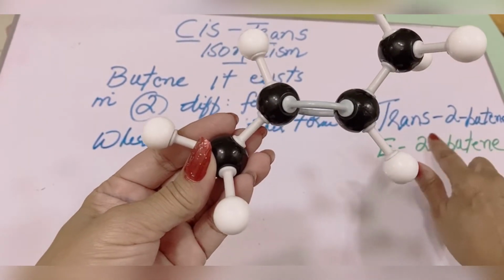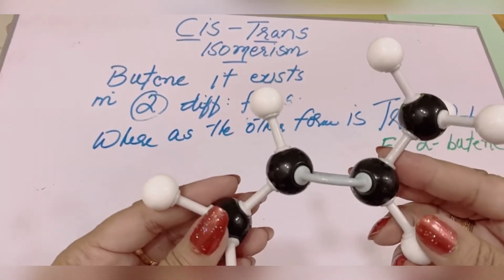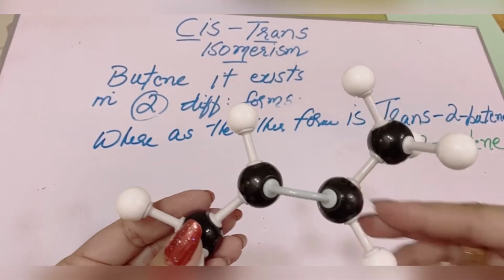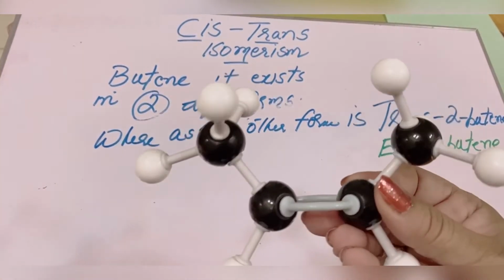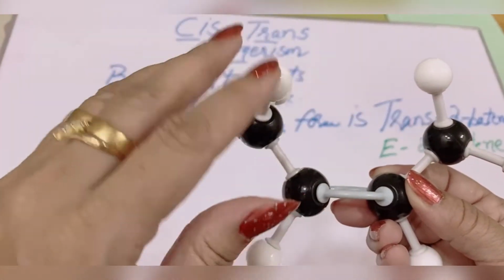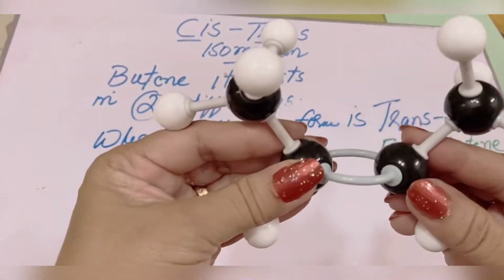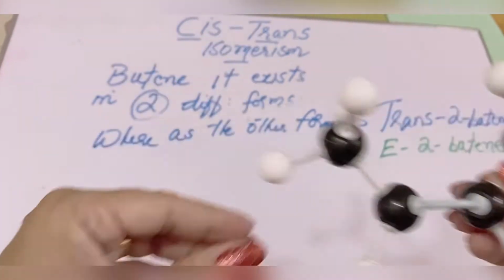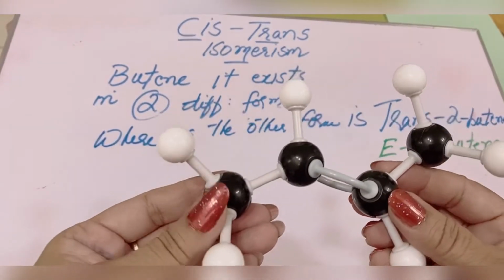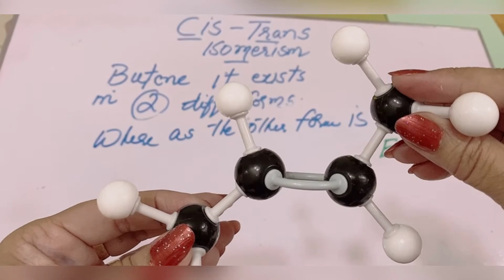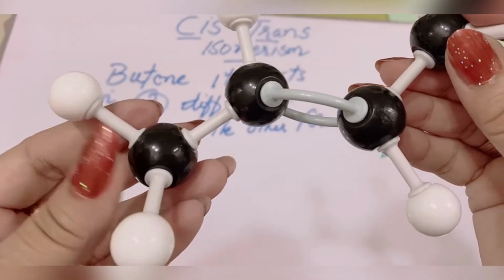So up till now, we have learned about the position of methyl groups: when the two methyl groups are on the same side of the double bond, they are called cis-2-butene, this one. Whereas when they are on the opposite sides of the double bond, they are called trans-2-butene, right? Simple, easy, and very interesting, and so beautiful.